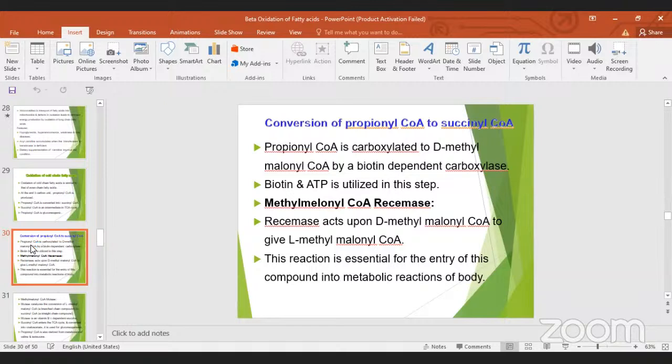Methylmalonyl-CoA racemase acts upon D-methylmalonyl-CoA to give L-methylmalonyl-CoA. This reaction is essential for the entry of this compound into the metabolic reactions of the body.